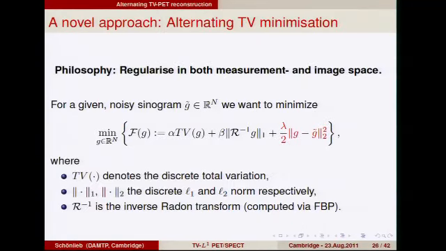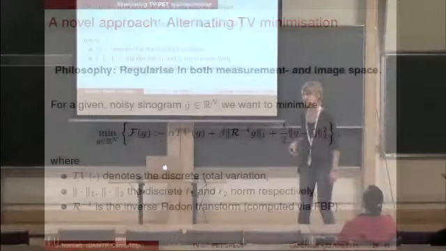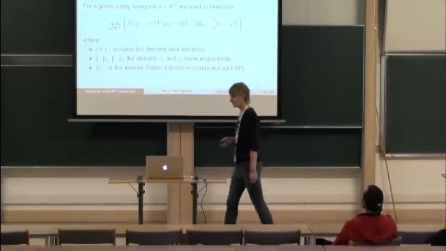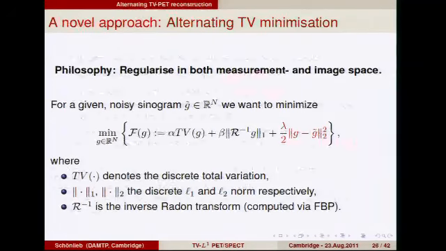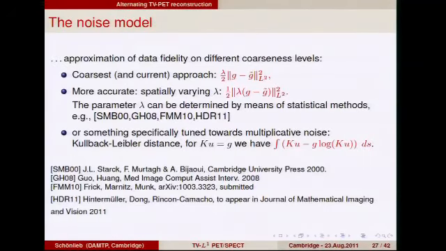So what about our fidelity term? When I started, I told you that it's important to model the noise distribution. Now what we're doing here is just a fidelity term which is additive. This is just the first coarse approximation of the truth. You could, for example, easily change this to something better adapted to the noise model, still staying with an L2 fidelity, but with a varying regularization parameter chosen depending on the statistics of your image.